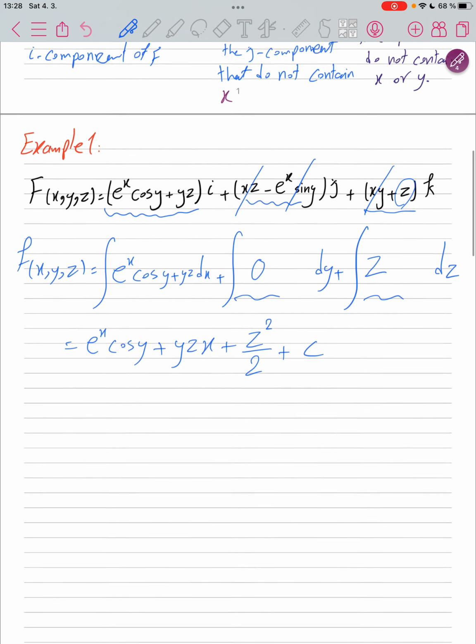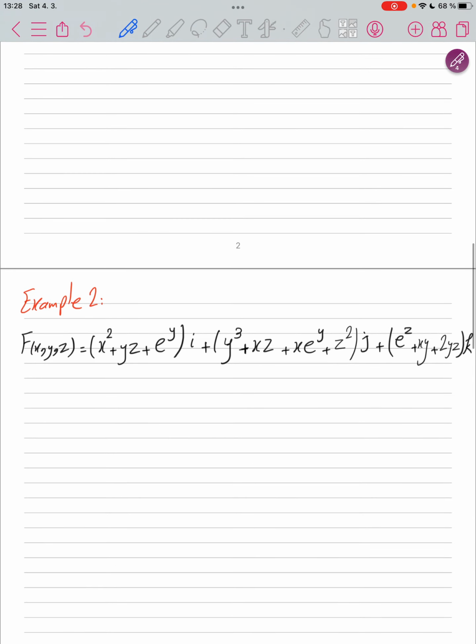So let's do another example. Here, this is another conservative vector field. You can check that out. And f of x, y, z is going to be the integral dx plus the integral dy plus the integral dz, right?